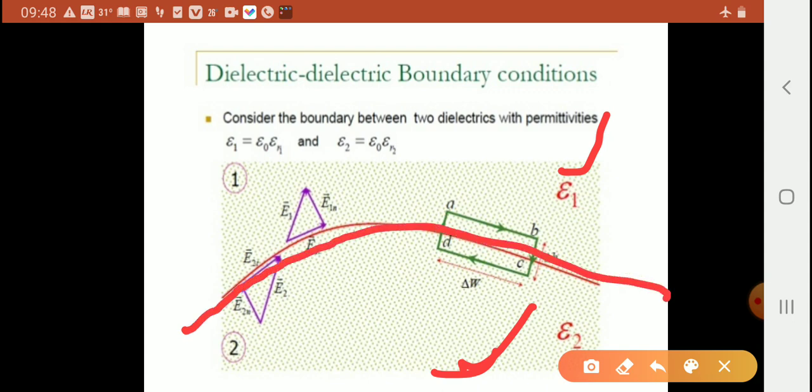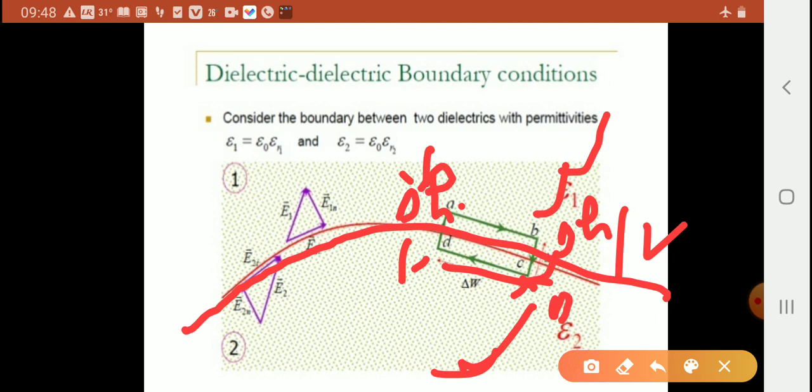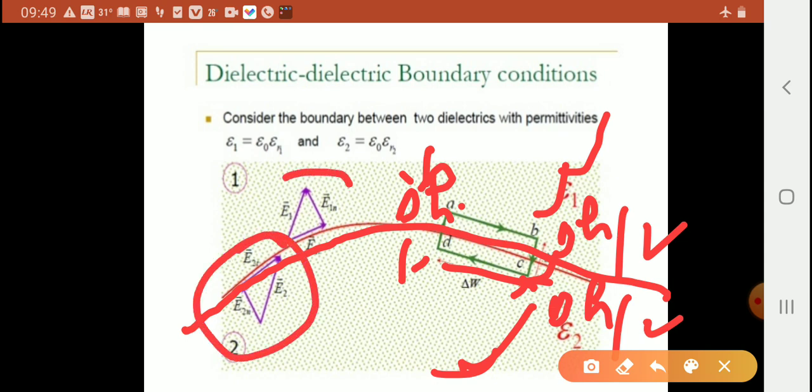So the rectangle ABCD has total width del W and height del H, with half distances del H by 2 and del H by 2. This is the component of electrical field intensity.